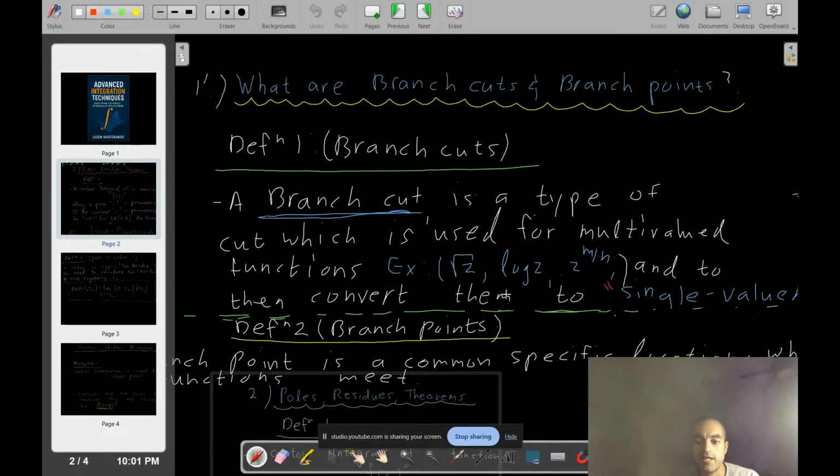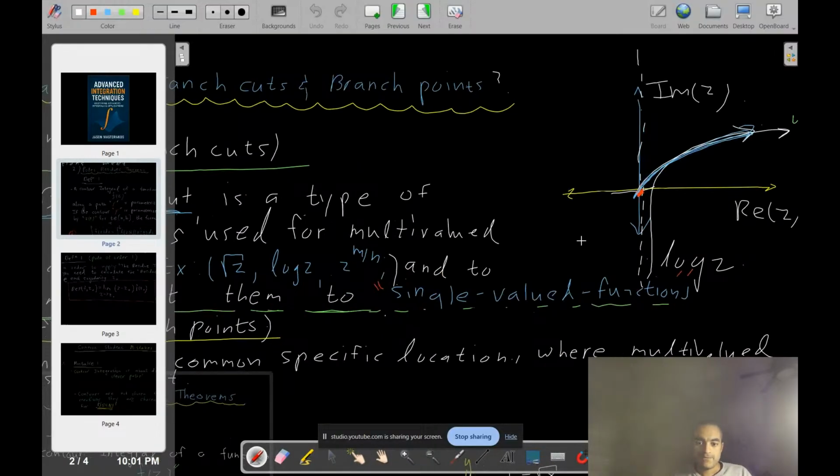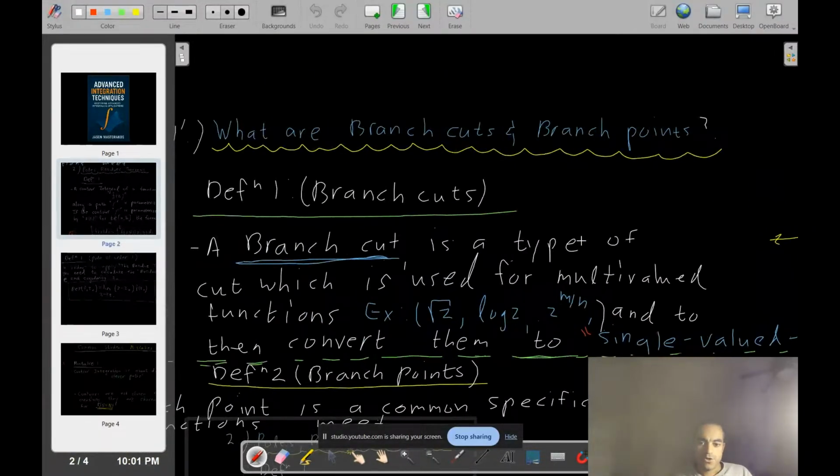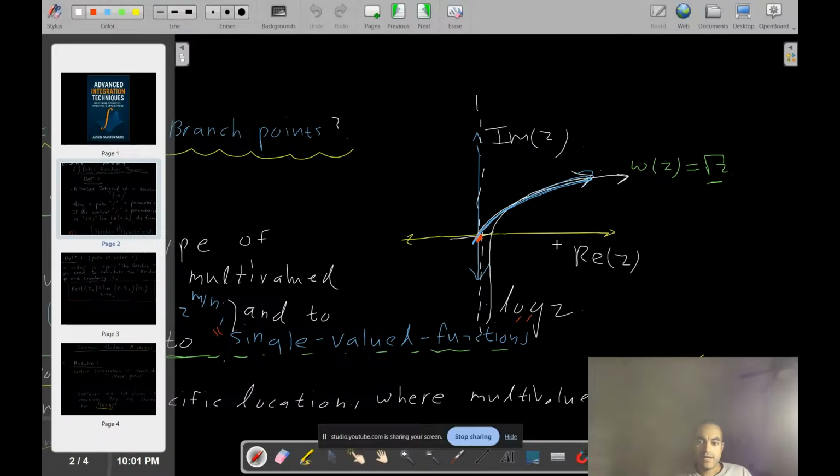What I mean by multi-valued is root z, log z, z to some fractional value, and so on. The point of the branch cut is to take a multi-valued function and convert it to a single valued function.